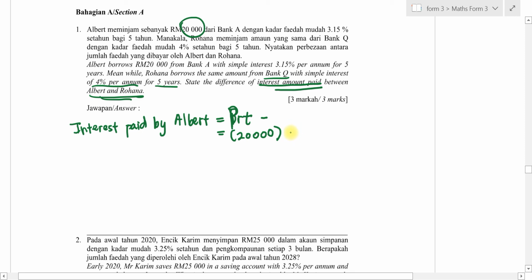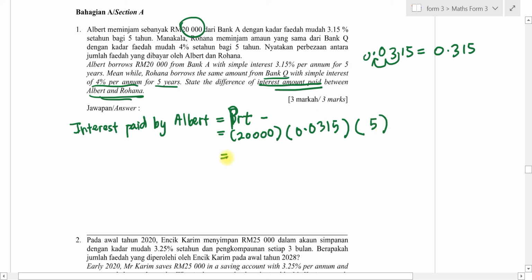The interest rate is 3.15%. Don't simply put 0.315. Look carefully, move 2 places forward: 0.0315. This is your R, and the time was 5 years.